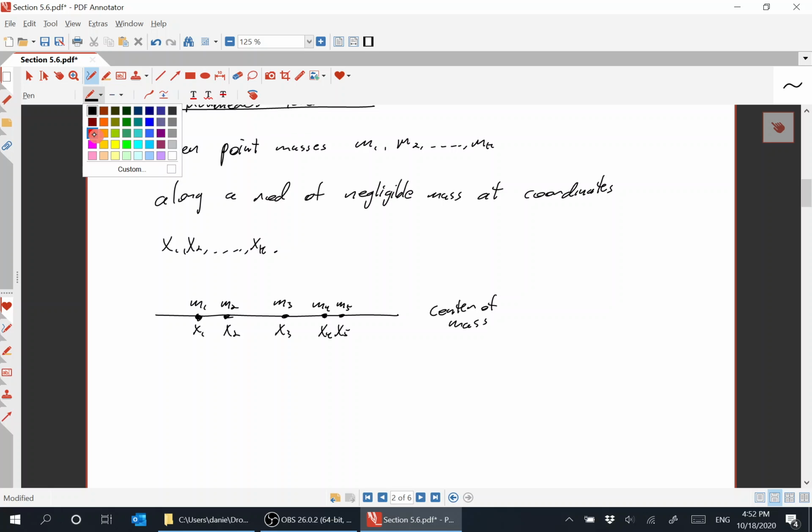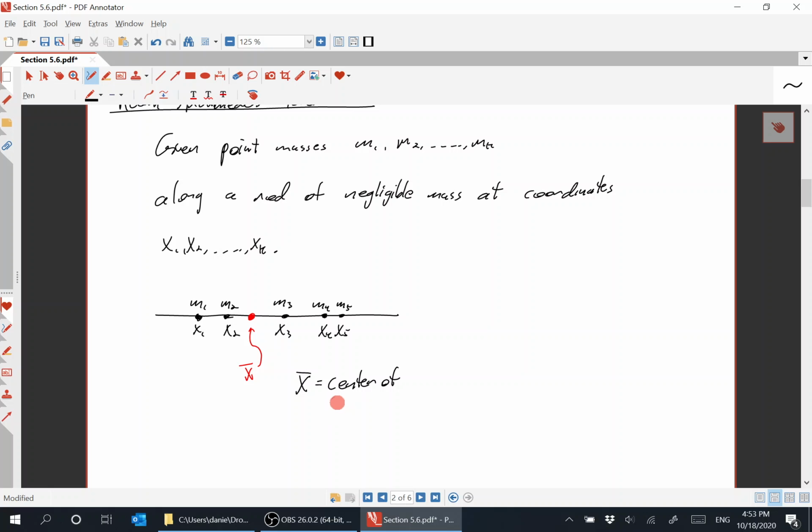In this case, the center of mass x bar, the balancing point on the rod, is equal to the total moments divided by the total mass.